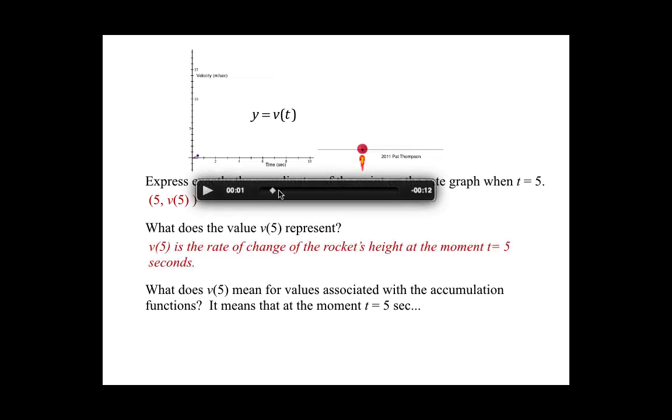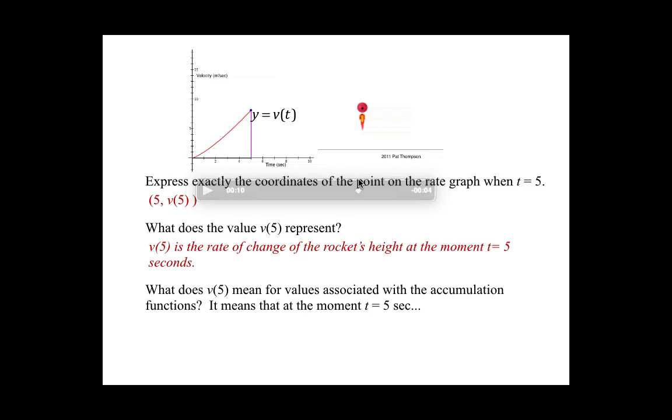There we go. At time 5, if I want to express the coordinate point on this v graph at time 5, I can call it 5 comma v of 5, right? I could say, oh, it looks like it's about 9. Or on your sheet, you can see the formula for this also.